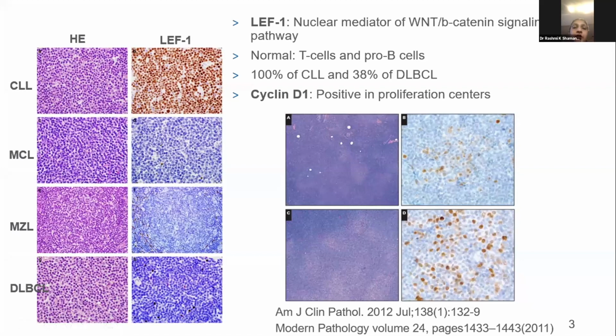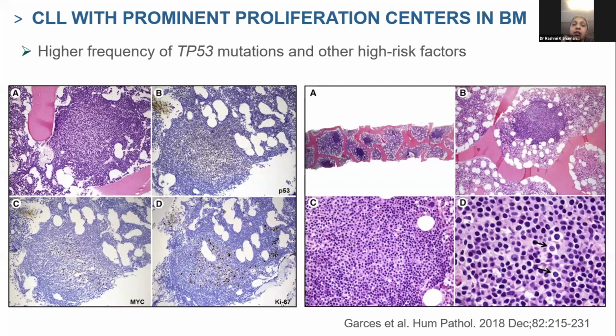Yes. So, next slide, please. The other important aspect we can capture from morphology is the size of the proliferation centers. Normally, CLLs involving the bone marrow are not supposed to demonstrate large proliferation centers that go beyond a single high power view within the microscope.